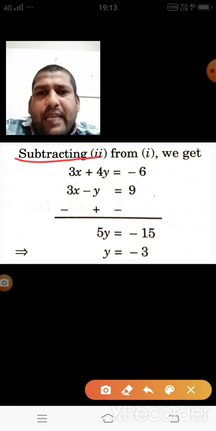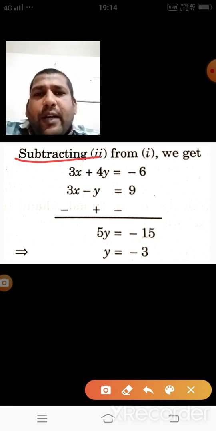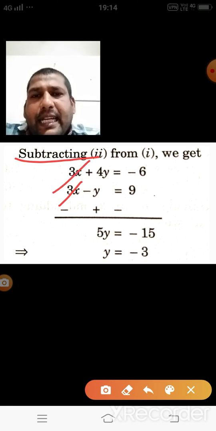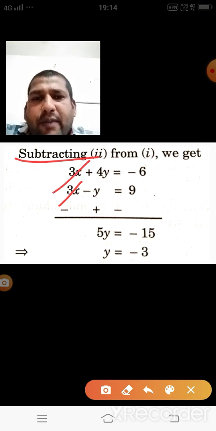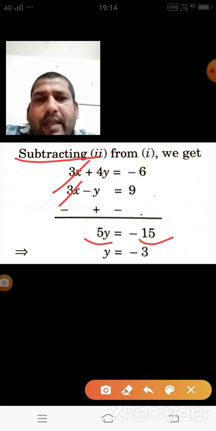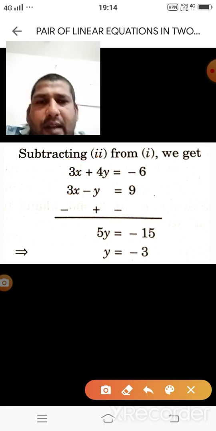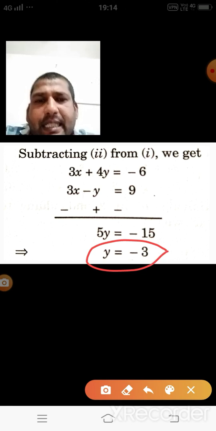Here we have the same coefficient, so we directly subtract, and 3x cancels out and you change the sign, then 4y plus y gives 5y, and minus 6 minus 9 gives minus 15. Cancelling, we get y equal to -3.